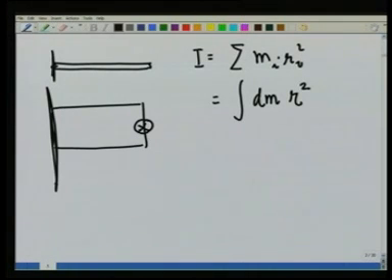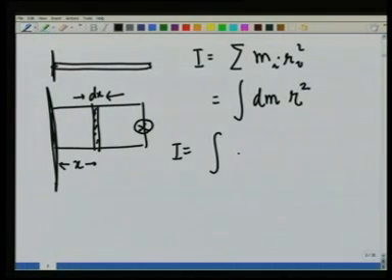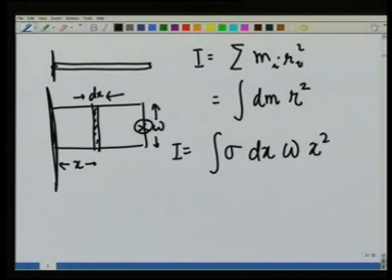For example, in this case, if I take a small strip here at distance x, the width of this strip is dx, then the I for this would be given as the integral of sigma dx times the width of the rectangle times x square, where x square is the square of the perpendicular distance from the axis of rotation of this mass dm.